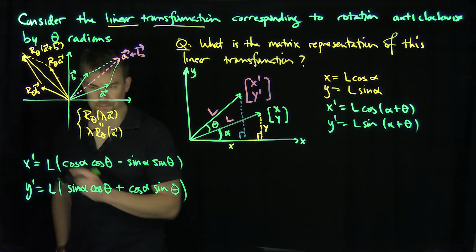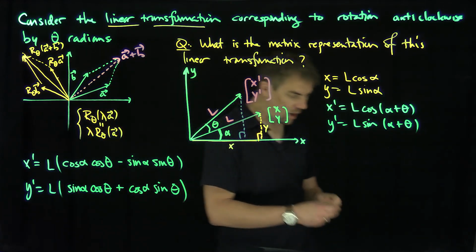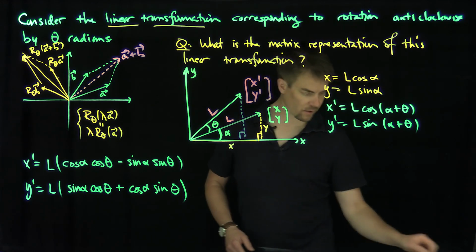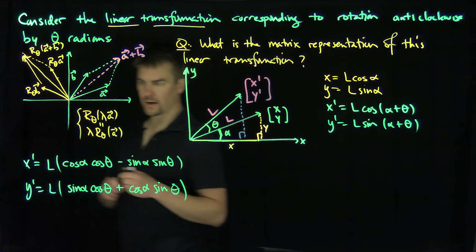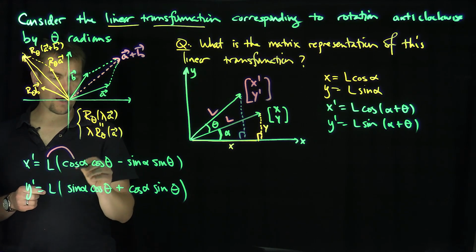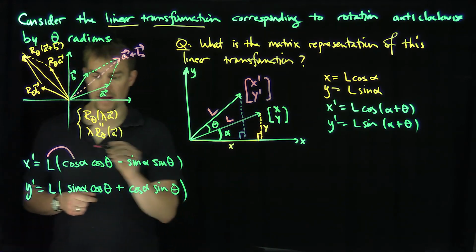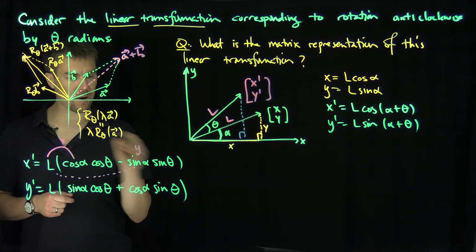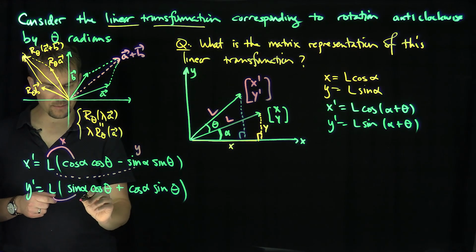Great. Now let's examine what these things are. We can simplify this quite a lot. We notice that L times cosine alpha is my x, and L times sine alpha is my y.